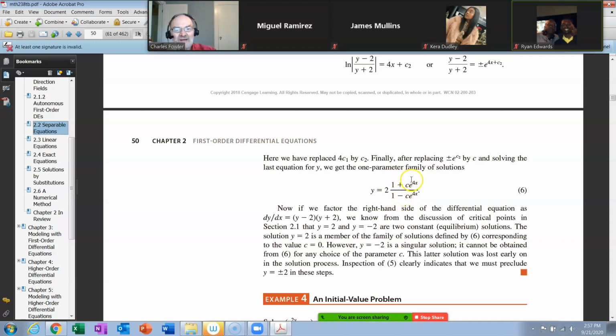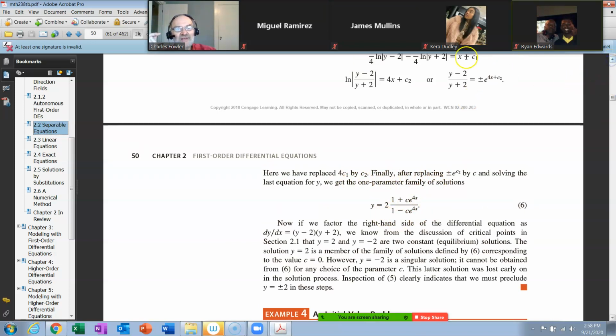Okay? No matter how you try to do that, you cannot get this thing to turn out to be a minus 1. So that solution, y is equal to negative 2, doesn't show up here at all in your family of solutions. That makes it singular, but there's no way you would see it from this solution set.